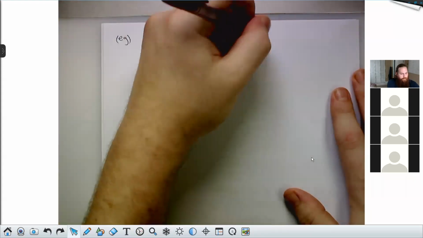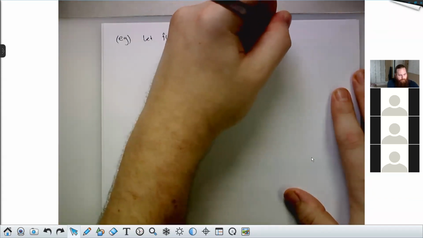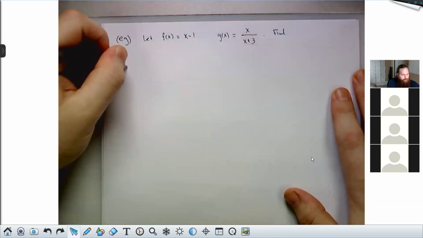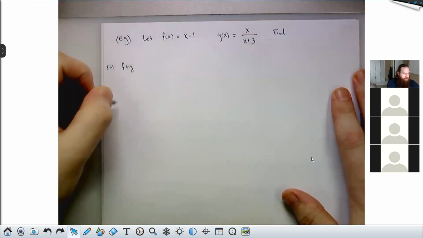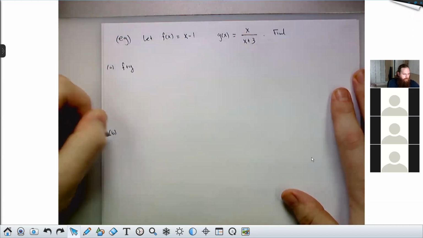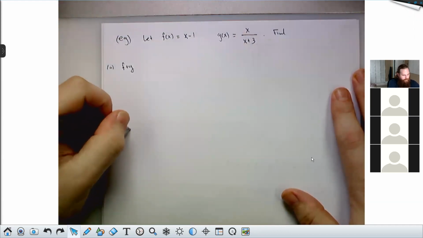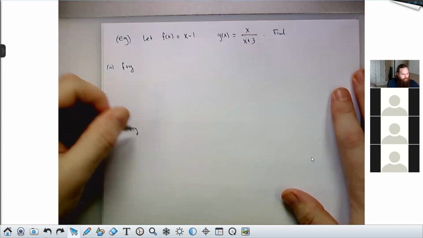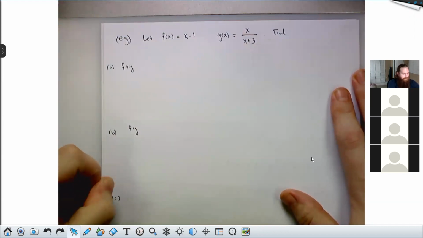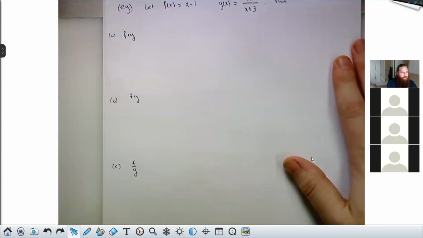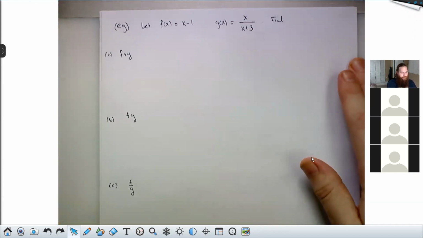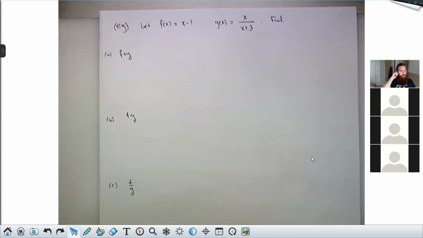I want to find f plus g and f times g and f over g and their domains.